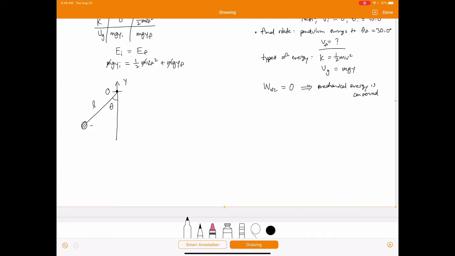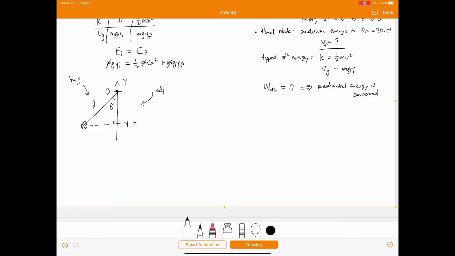Okay, so what we're trying to find out is what is a way of describing y, the height of that pendulum mass? Well, the length L can be considered the hypotenuse of a right triangle, and this vertical side is the adjacent side.